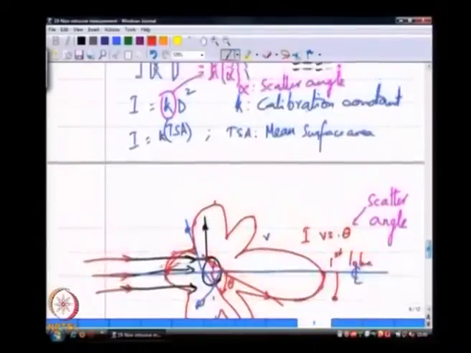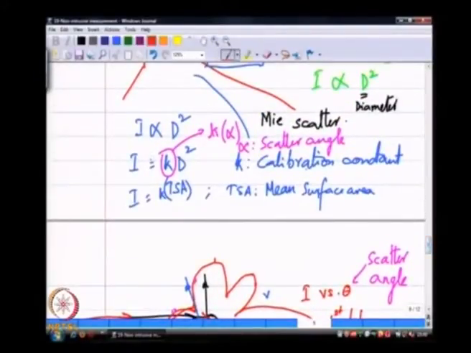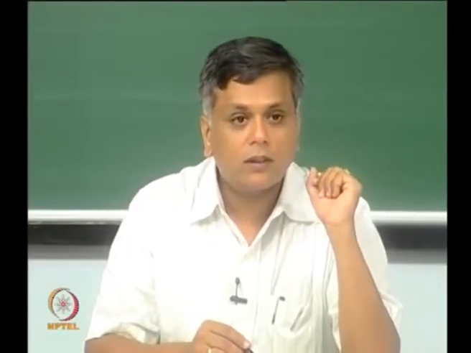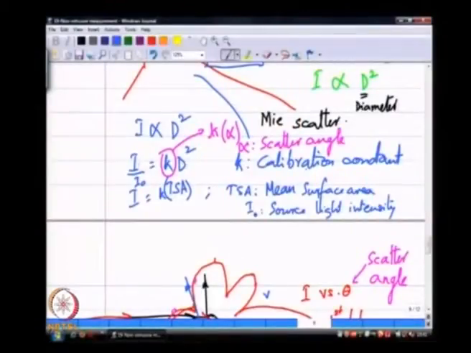The one big advantage that a laser still has is its intensity, because it is a collimated and coherent light source. It remains a very high intensity light source, and intensity matters in a PIV because, if I go back for a moment, this I is the scattered light intensity. Strictly, I should write this as I by I naught, where I naught is the source light intensity. So, for the same d, if I increase I naught, I am likely to get a higher intensity of the scattered light back towards the camera.